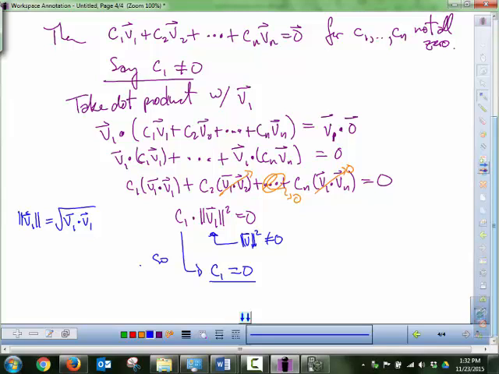We shouldn't be, right? Because we said assume that C1 was not equal to 0. And then we got C1 is equal to 0. So that's where this becomes a contradiction. And they use this symbol for contradiction.